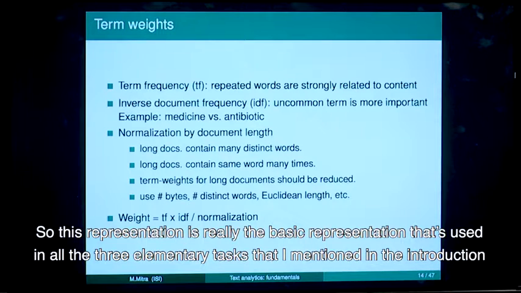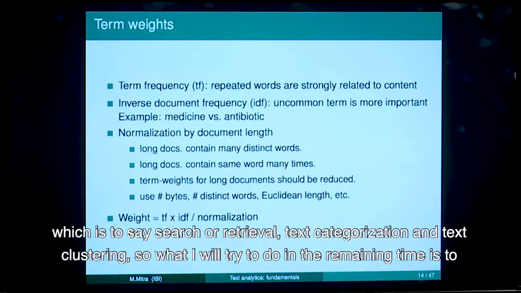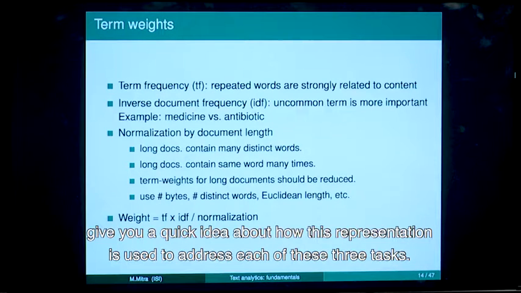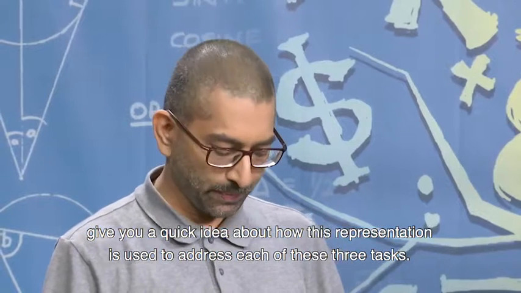So, this representation is really the basic representation that is used in all the three elementary tasks that I mentioned in the introduction, which is to say search or retrieval, text categorization and classification, and text clustering. So, what I will try to do in the remaining time is to give you a quick idea about how this representation is used to address each of these three tasks.